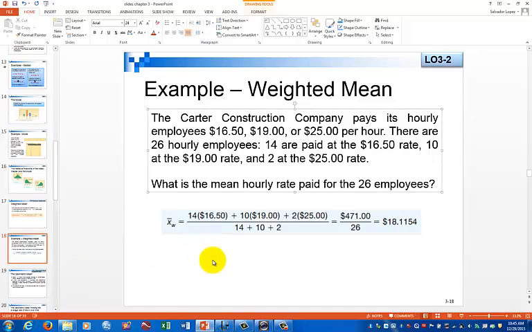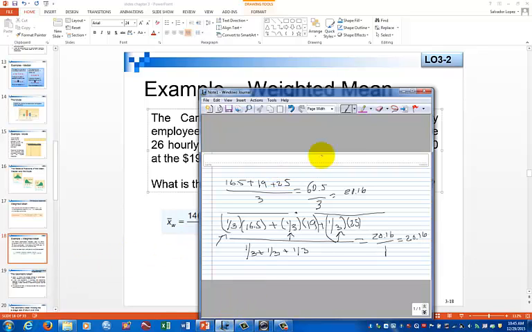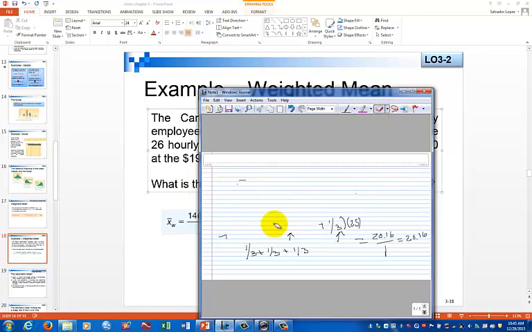Now the weighted mean can be used also to calculate your GPA. For example, if you take 3 courses and you make 2 A's and 1 C, but this course has 1 credit hour, this course has 2 credit hours, and this course has 3 credit hours.